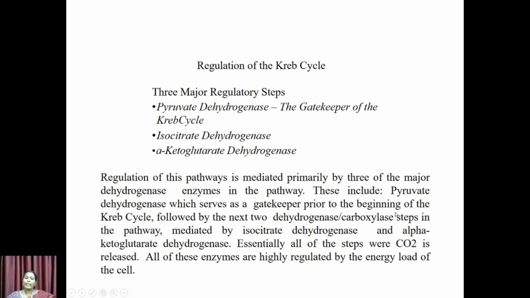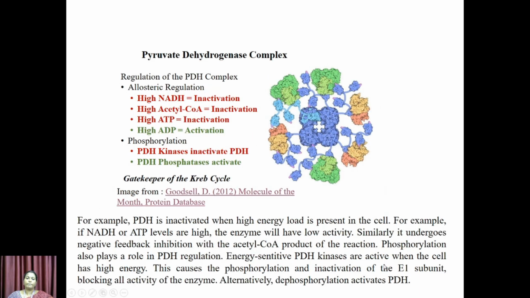These include pyruvate dehydrogenase, which serves as the gatekeeper to the beginning of the Krebs cycle, followed by the next 2 dehydrogenase and carboxylase steps in the pathway, mediated by isocitrate dehydrogenase and alpha ketoglutarate dehydrogenase. Essentially, these are all steps where CO2 is released. All of these enzymes are highly regulated by the energy load of the cell.